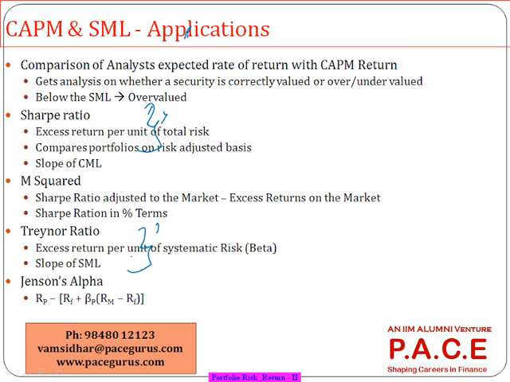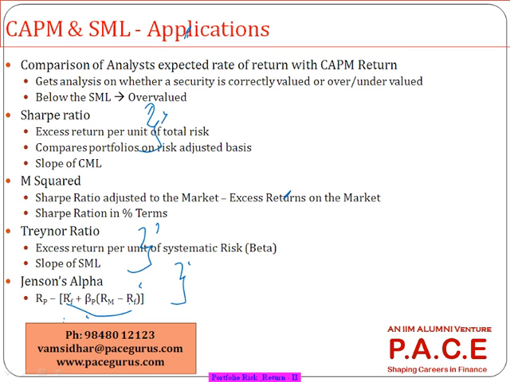There are two definitions here which will measure the performance of the portfolios. Sharpe ratio measures the performance of the portfolio, the higher the better. Treynor ratio measures the performance of the portfolio, the higher the better. Then there is one more called Jensen's alpha, which is also a measure of the portfolio performance. Now if you see, this is nothing but CAPM return. This is CAPM return. RF plus beta times RM minus RF.